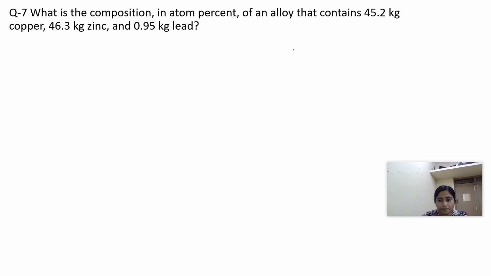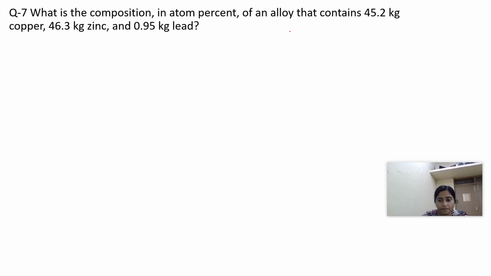Okay, now we'll go to the next problem. What is the composition in atom percentage of an alloy that contains 45.2 kilogram copper, 46.3 kilogram zinc and 0.95 kilogram lead? So here, the mass is given, and you have to find the number of moles in each case.